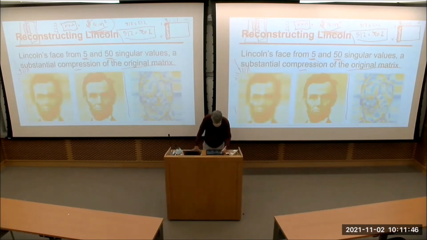The question now says, well, what if I do have such a thing? How might I be able to compress my matrix? One idea would be to pick a bunch of rows randomly, and then do singular value decomposition on that.